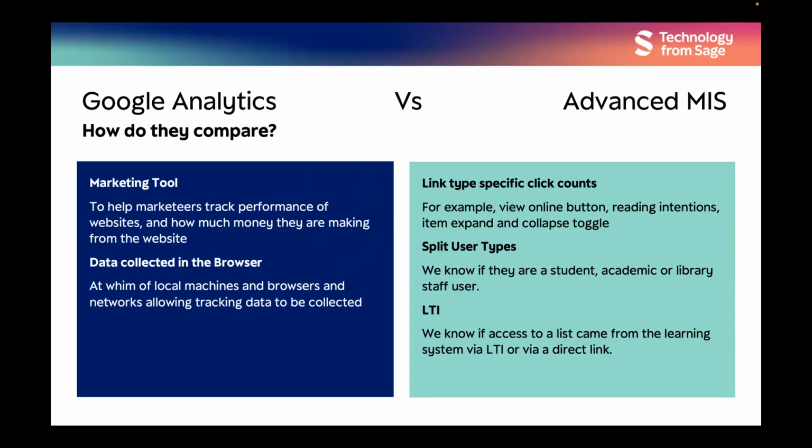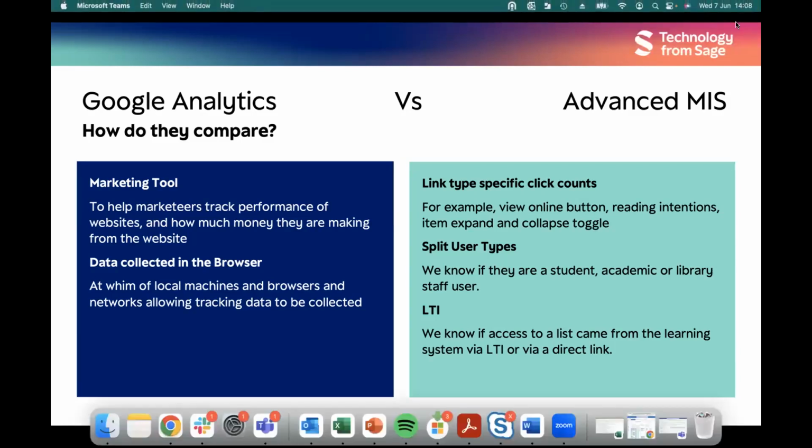In terms of Google Analytics versus Advanced MIS, Google Analytics is designed obviously by Google. It's designed as a tool to help marketers track performance of websites and to track how much money they're converting from the landing pages and other marketing tools that they're using the website for.